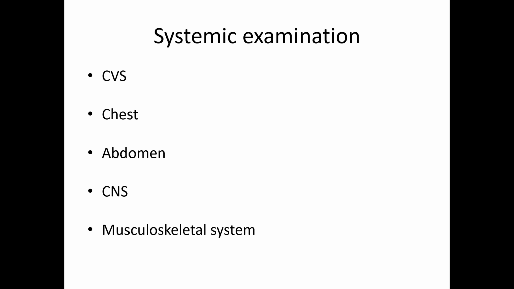On clinical examination of the various systems, in the cardiovascular system they can have flow murmurs because of anemia, or a pericardial rub because of uremic pericarditis. Chest examination can show bilateral crackles because of fluid overload. Abdomen is usually unremarkable, except in a patient with polycystic kidney disease, where you can palpate the cystic kidneys.